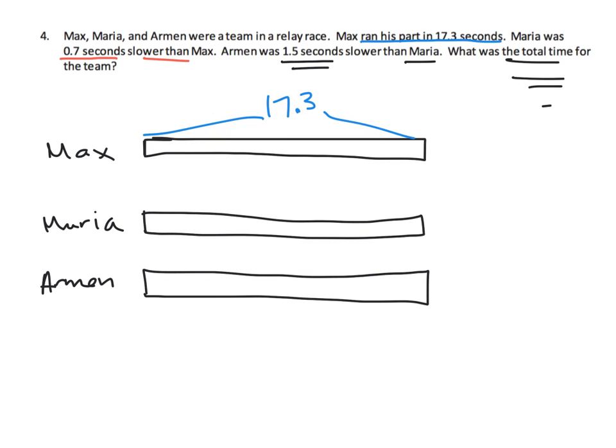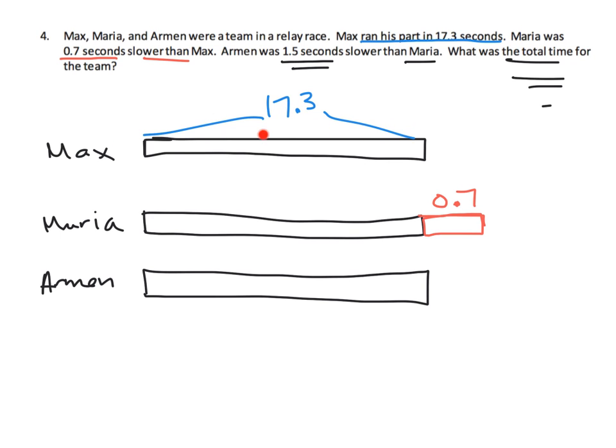And then it says Maria was 0.7 seconds slower than Max. So what does that mean? Well, that means Maria's portion, we have to chop off. No, slower. So that doesn't mean we're going to chop off. That means we need to add on an extra 0.7 seconds.